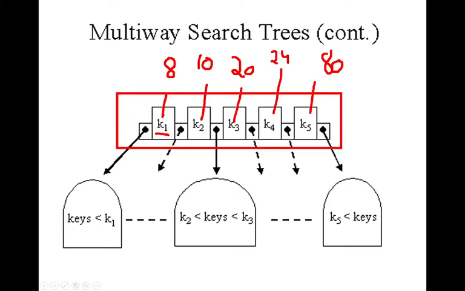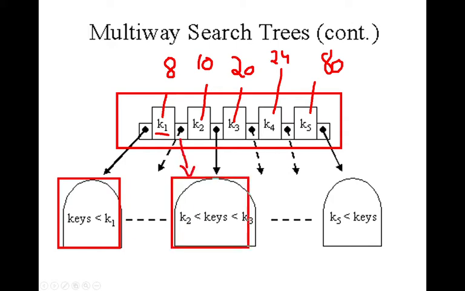Now the keys which are less than 8, for example 5, 6, 2, whatever, will be in this child, right? And the keys which are between 8 and 10, for example 8.5, 8.7, 9, those keys will be placed here in this child.